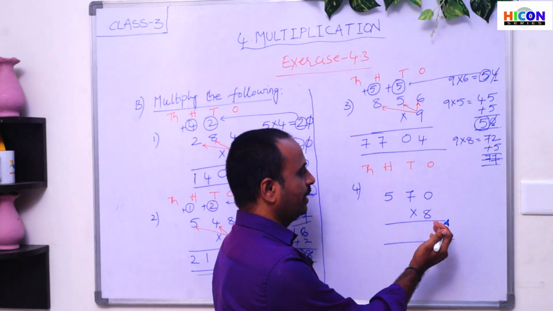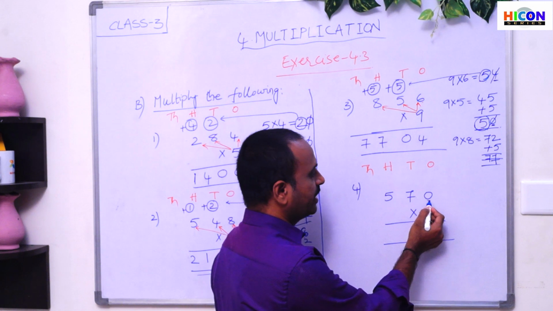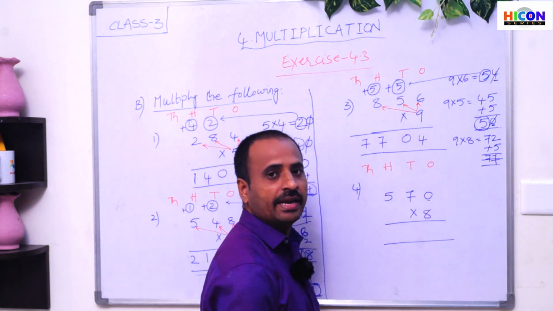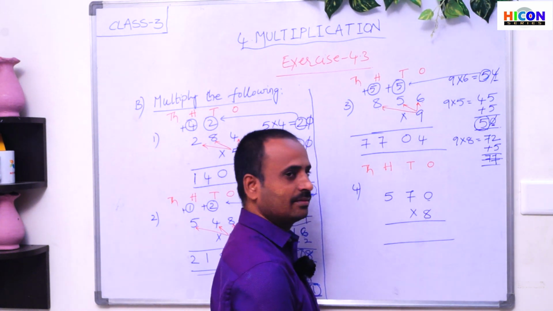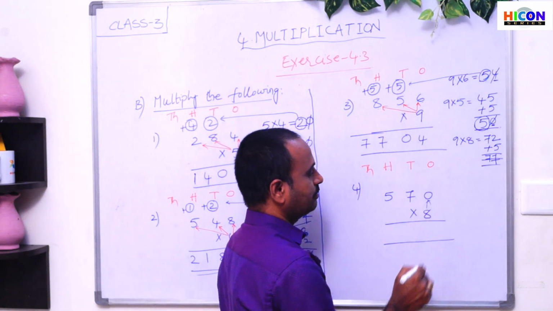So let us start our multiplication from ones place. What is present in ones place? 0 is present in ones place. Now multiply this 0 with 8, that is 8 into 0.